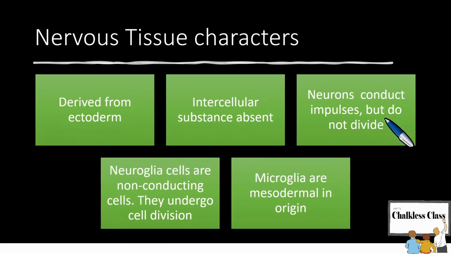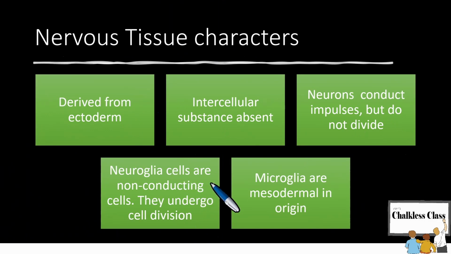These cells do not divide, unlike skeletal muscles or the other muscles. Some special cells are there, neuroglial cells, which are non-conducting cells. They act like a packing tissue. They undergo cell division. So neuroglial cells can divide, but not the neurons.